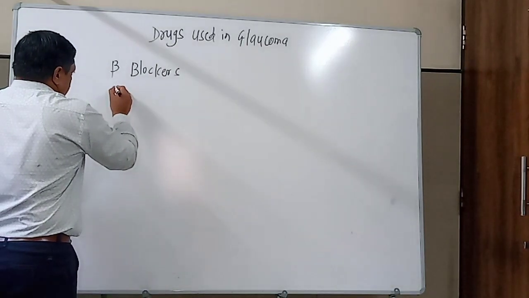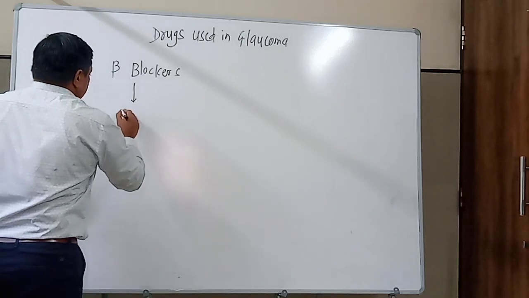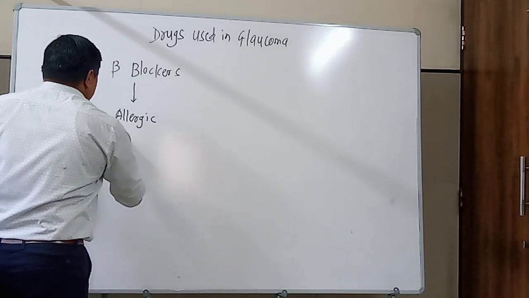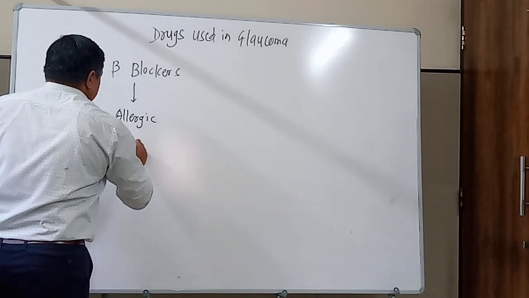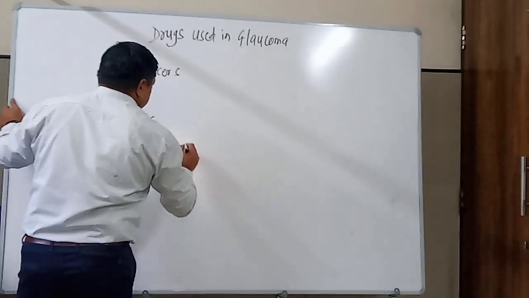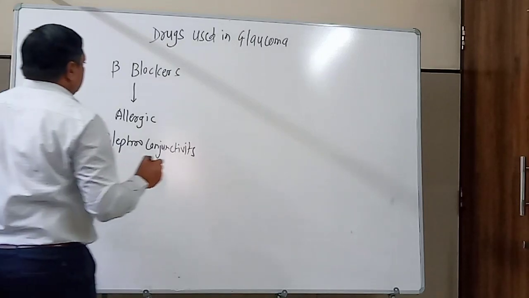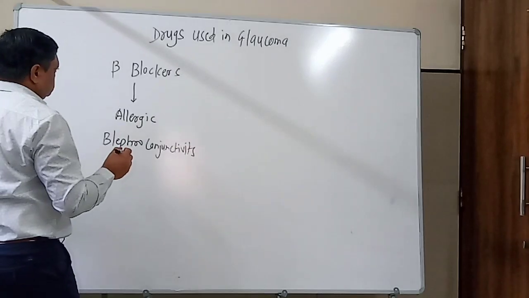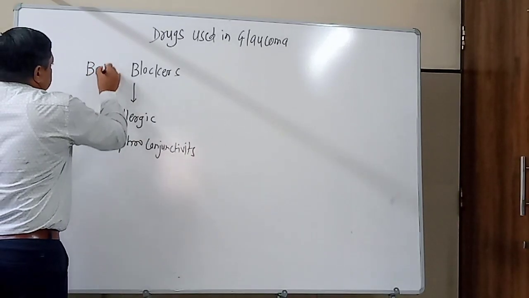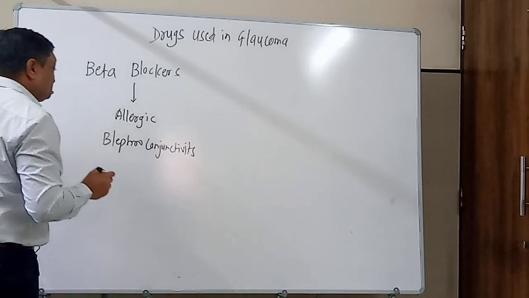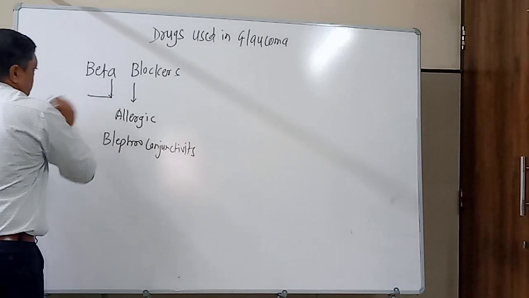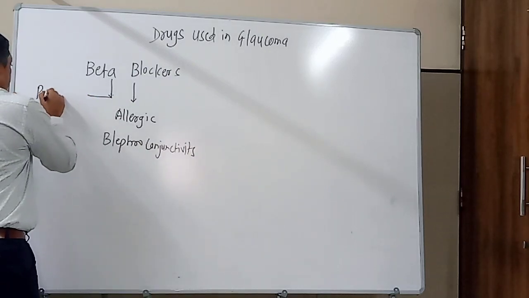That is B. This B is for allergic blepharoconjunctivitis. This A is for precipitation of asthma.